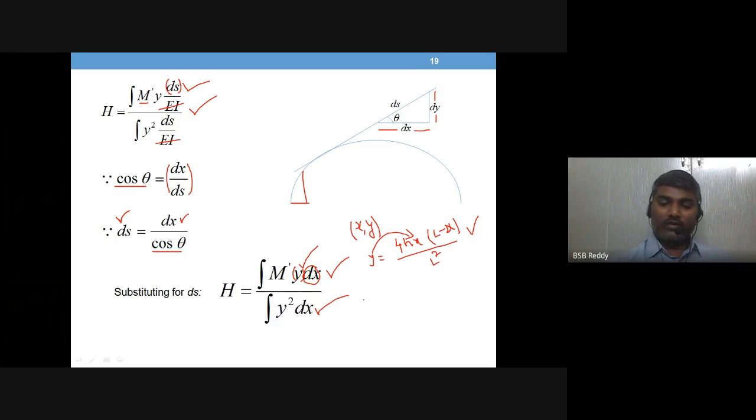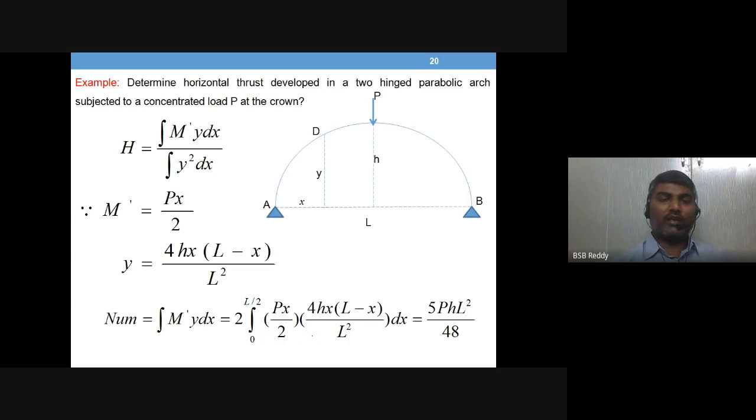Right? So keep an eye on this formula. Please remember that for two hinged parabolic arches, to find horizontal thrust, we shall use this formula, right? We will take up an example and see how it works.